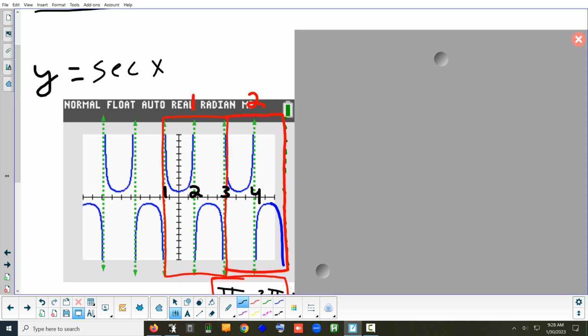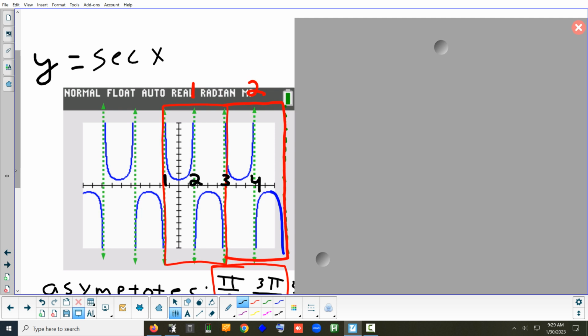However you want to think of it, each box gets 2, whether you think of it as the 2 on the left or the 2 on the right. Could it be 2 and 3? Yeah, that's just a mental thing, how you think of it. We don't normally draw boxes on the graph and separate it into cycles like that. But however you want to think of it, there are 2 asymptotes per cycle.